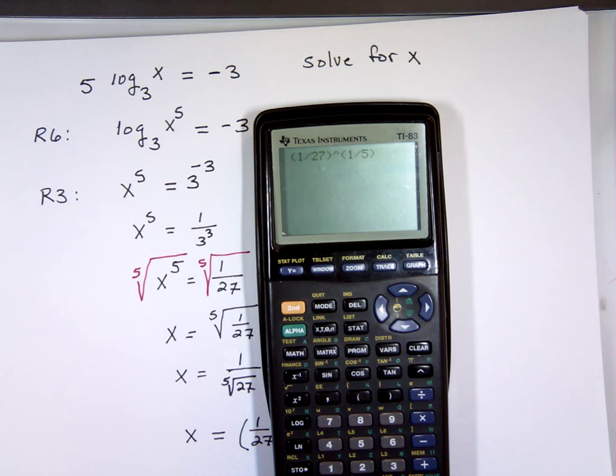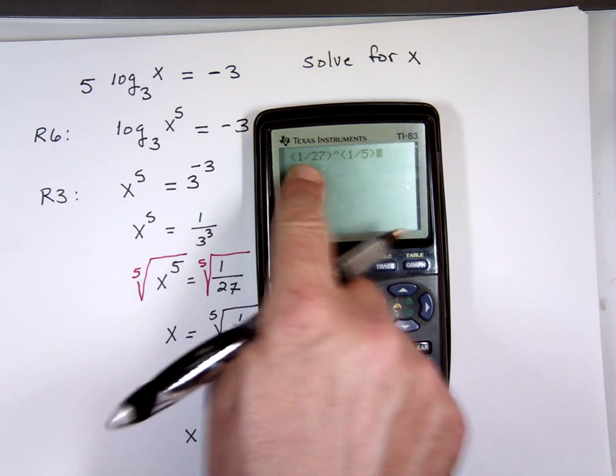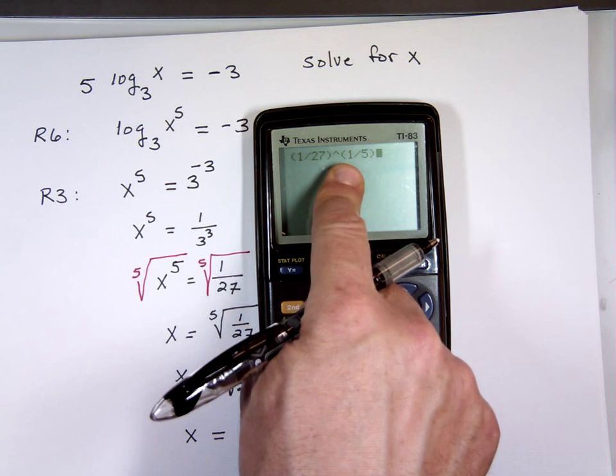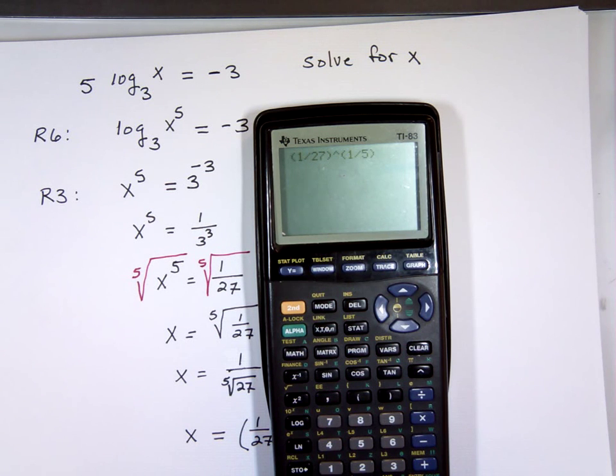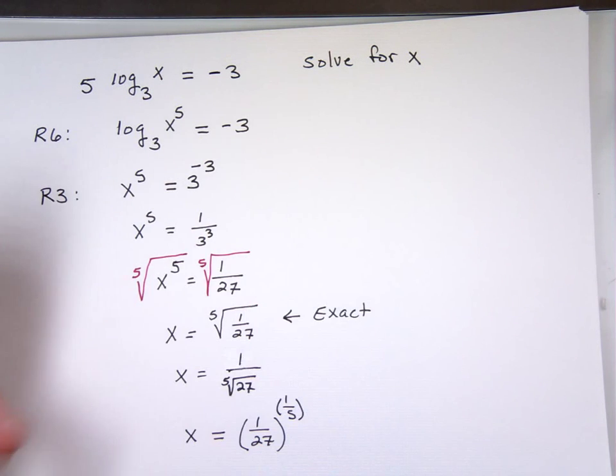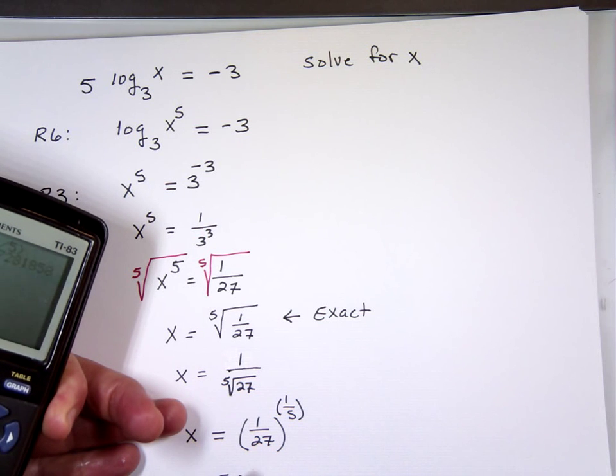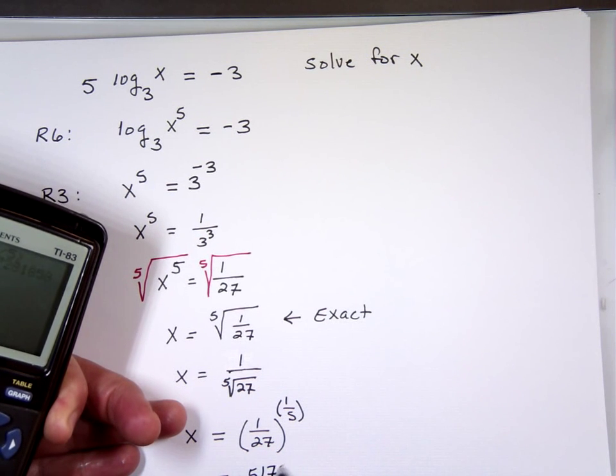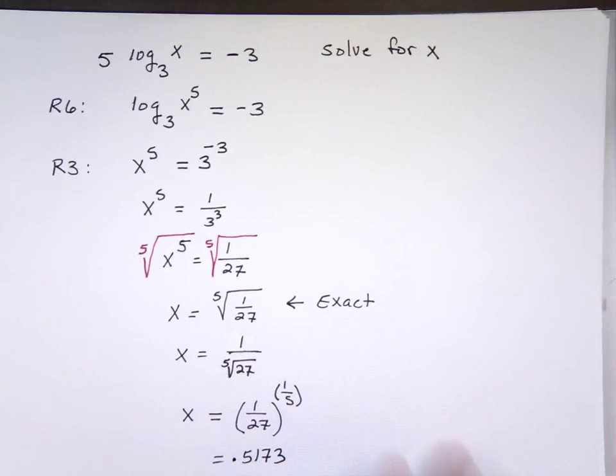The 1 over 5 better be in parentheses, because if it's not, it's going to raise this to the power of 1, which doesn't change it, then divide the answer by 5. And the answer is 0.5173.